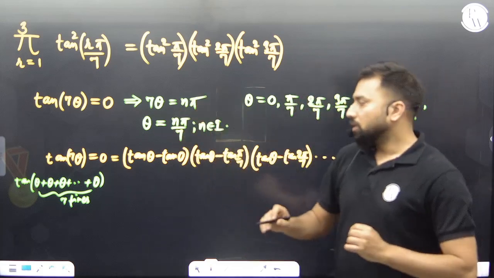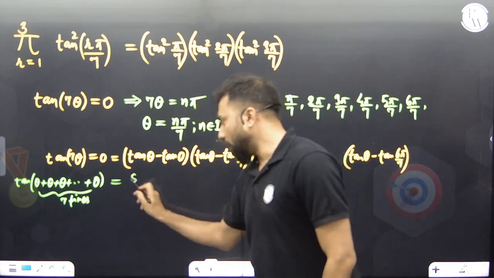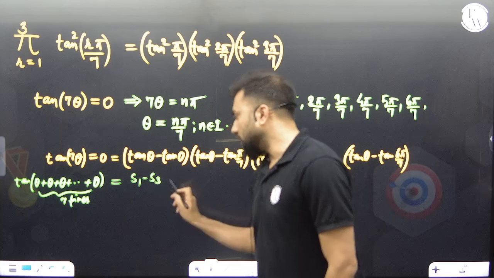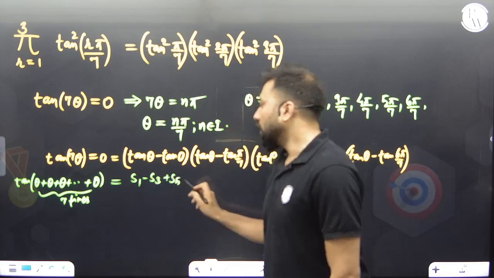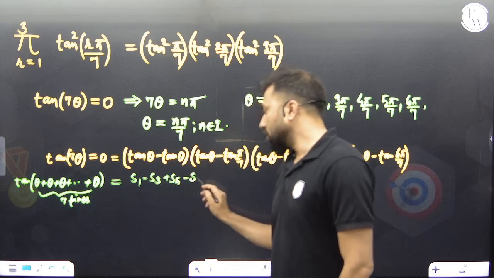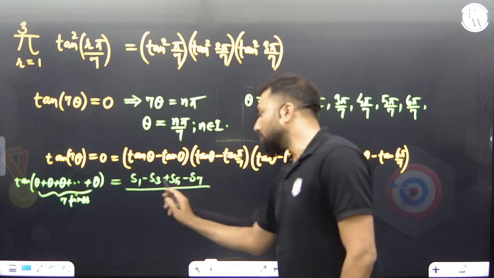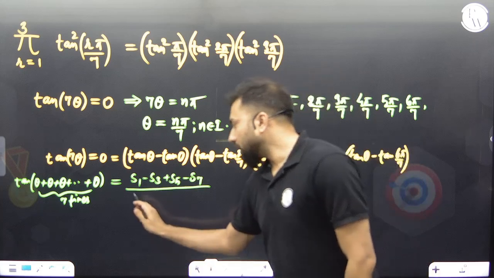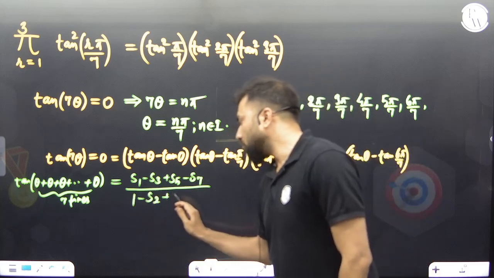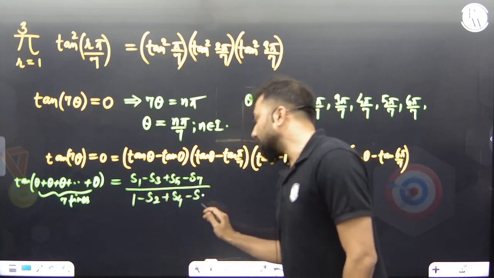The formula is S1 minus S3 plus S5, with alternating plus and minus signs, divided by 1 minus S2 plus S4 minus S6.